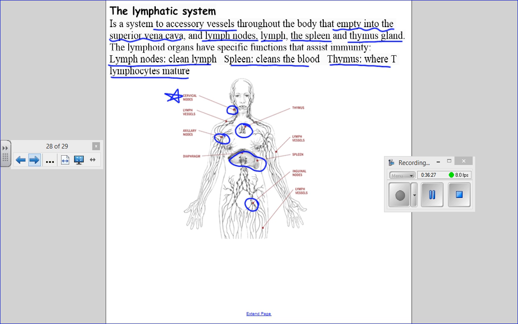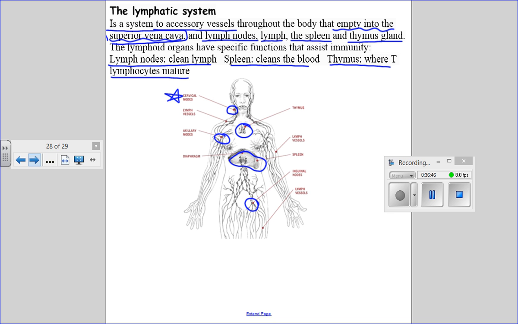If you're not sick, you really can't feel them. If you want to feel what an inflamed lymph node feels like, you can feel mine. They're gross. But these lymph nodes help clean the lymph, help filter and remove things from the lymph that your body wants to get rid of.